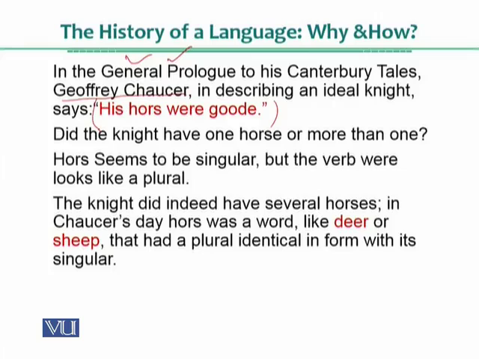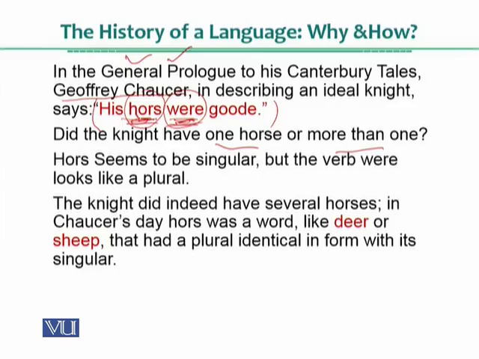Now, I would just like you to look at the agreement between the noun and the verb form. We are not clear whether the knight had one horse or more than one, because the verb used is were, a plural form, whereas the noun is horse, not horses, so it's a singular form.